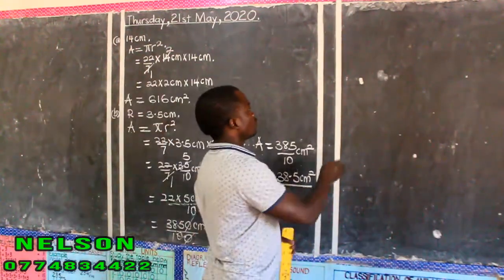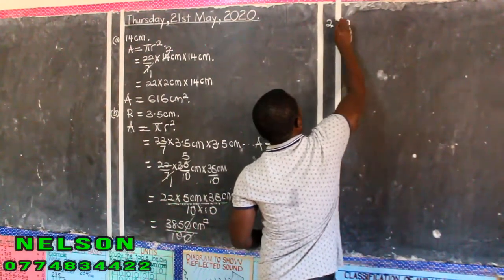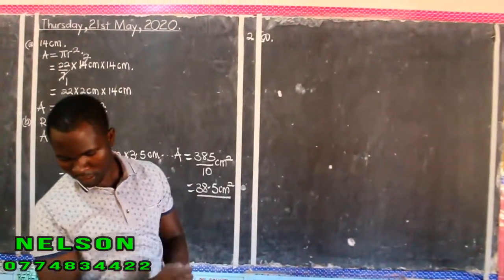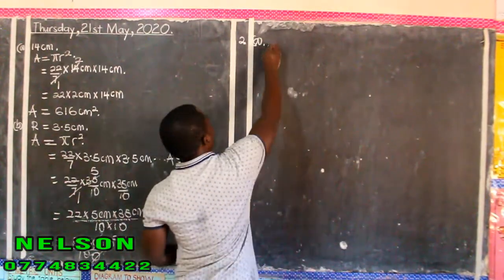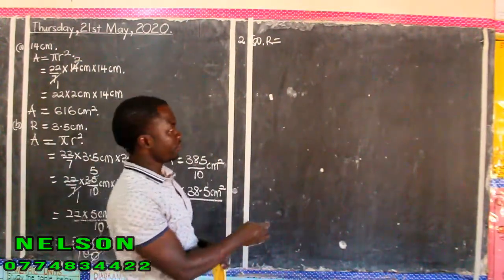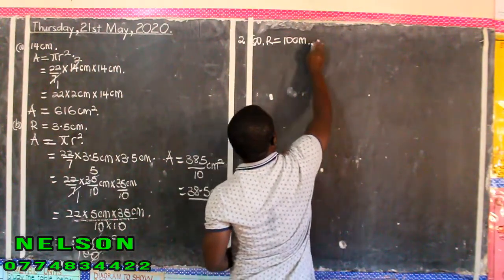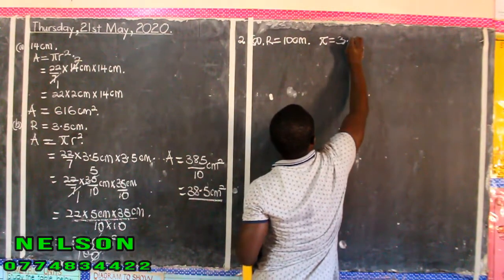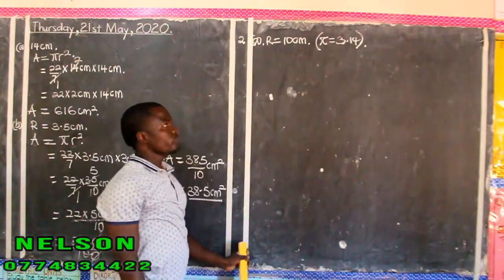Now, let's go to question 2A. The question was: find the area of a circle whose radius is 10 centimeters, and the pi given to us was 3.14. This was the pi given to us in question 2.